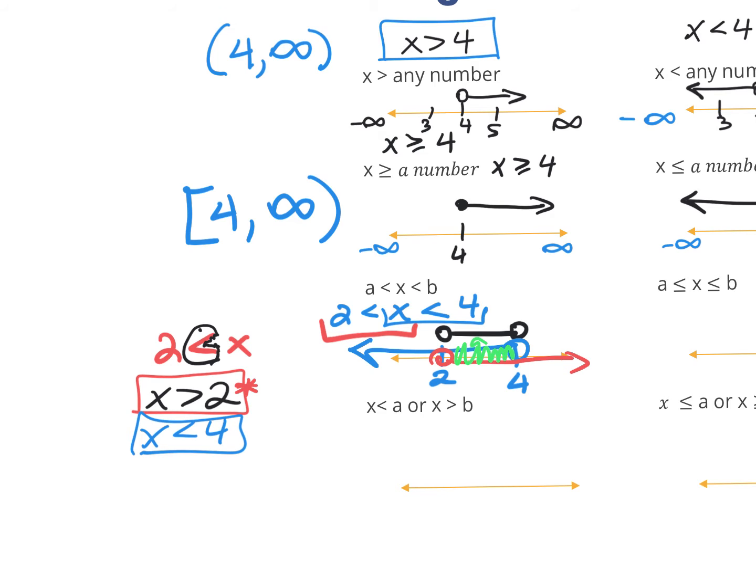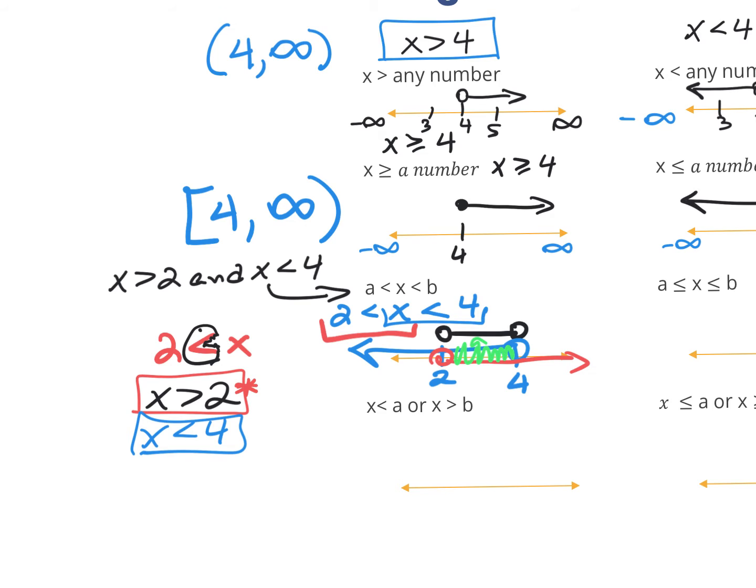So you could write these separately and then also join them with the word and. So it could be x is greater than 2 and x is less than 4. Or write it with just the variable in the middle.